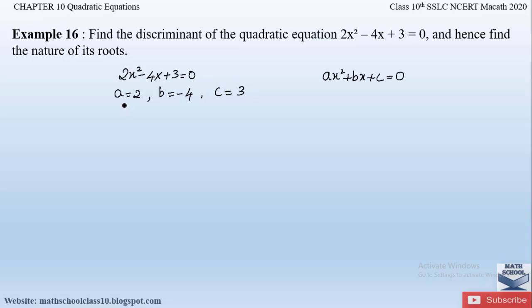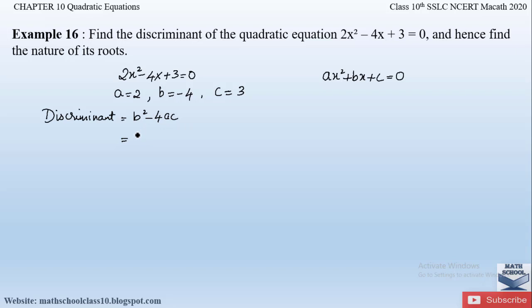Now let us write down what the discriminant is given by. The discriminant is given by b square minus 4ac. Depending on this, we can find the nature of the roots. So let us substitute the a, b and c values in this discriminant.